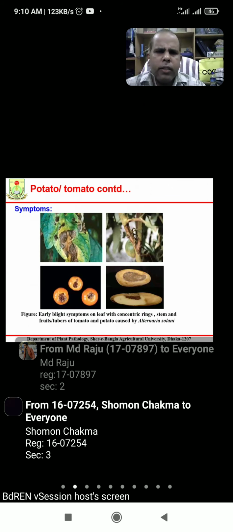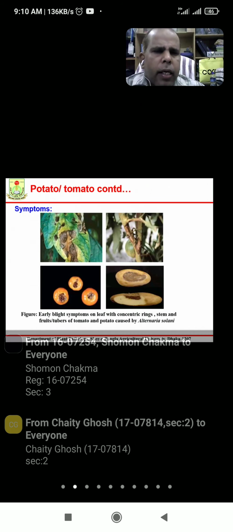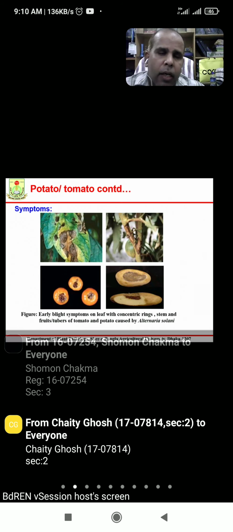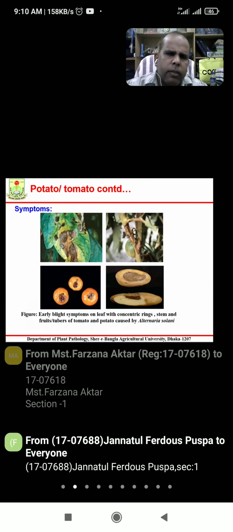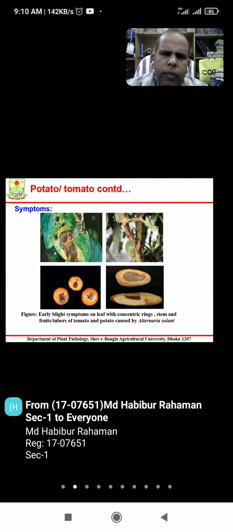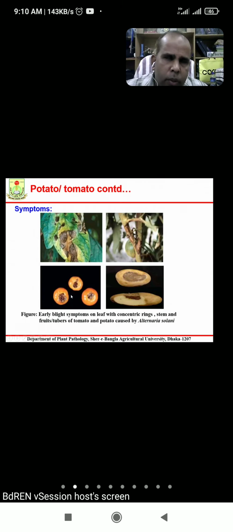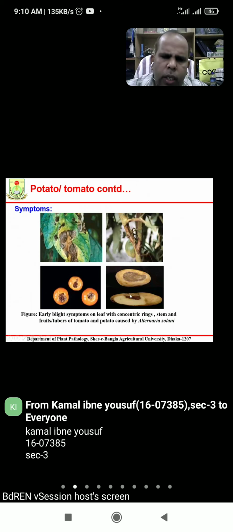And now, what is the symptom? The very interesting thing here, please try to understand and keep in your mind, and observe very closely, is that the symptom can appear on the leaf and also on the stem. In tomato it also attacks the fruits, and in potato it also attacks the tuber.